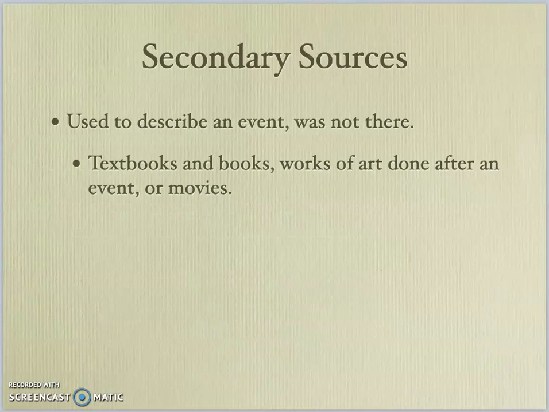Now, a secondary source is used to describe an event, but they weren't there. So this is something that happened after the fact, or this is kind of like getting it secondhand. So maybe an example of this would be if something happened and you weren't there, but you know about it because somebody told you.